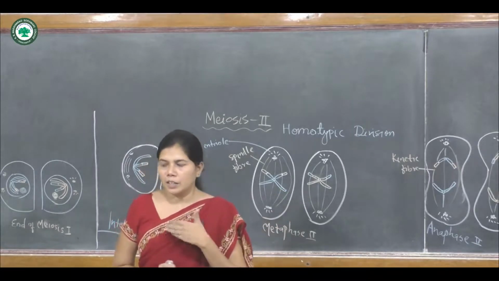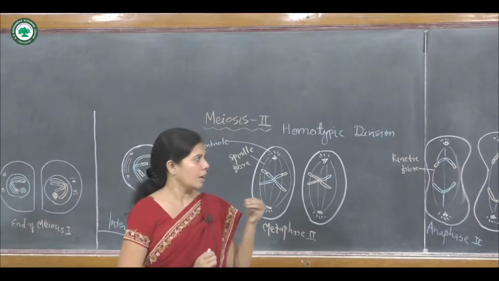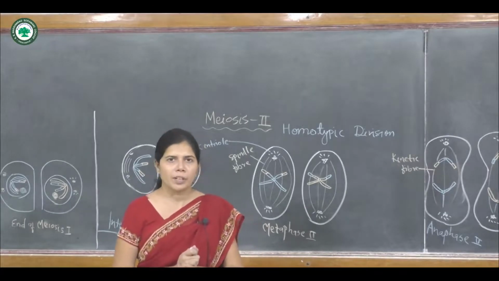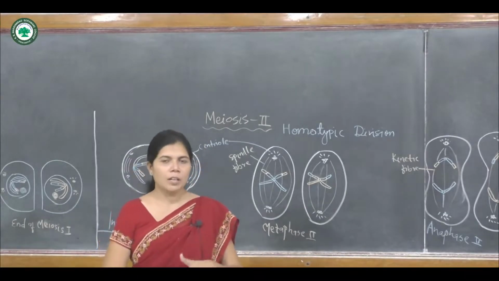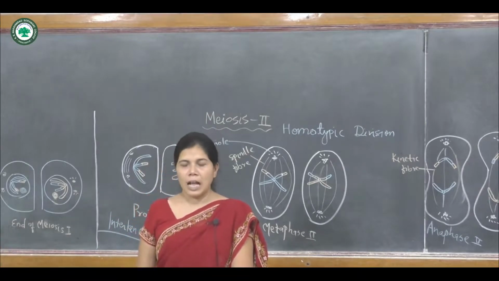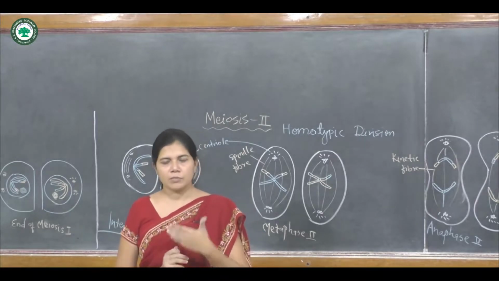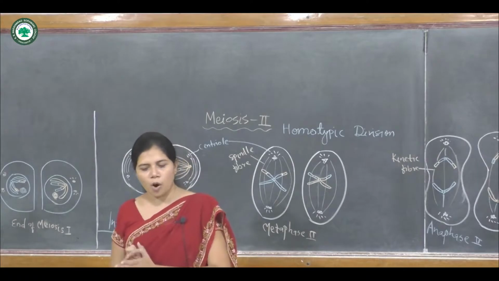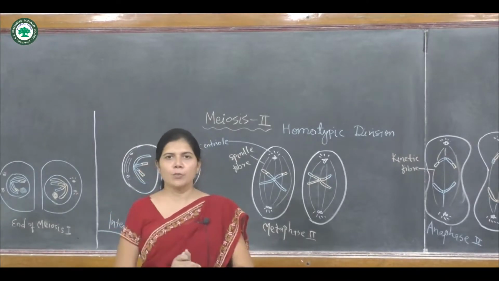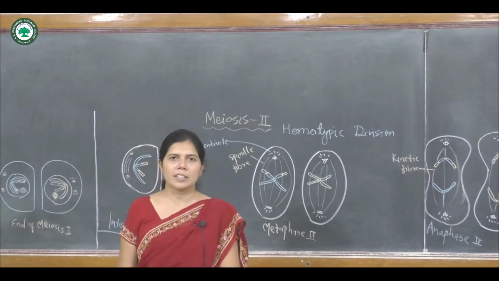In meiosis, exchange of genetic material takes place, and it is the raw material for evolution. Because genetic material is exchanged, variations occur, and this genetic variation is the raw material for evolution and plays the biggest role in it.